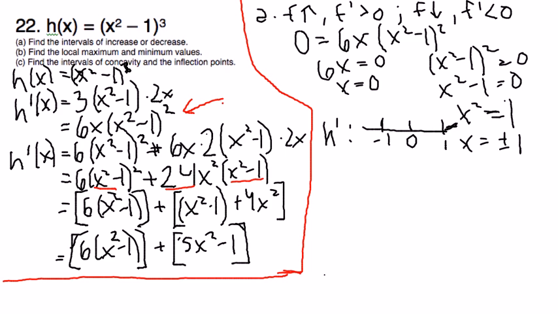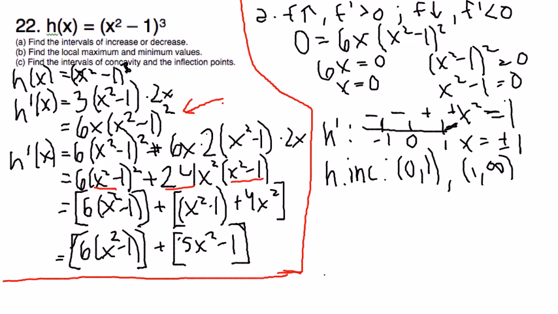And if we just plug in some numbers, if we plug in a -2, we'll get a negative. If we plug in a -0.5, we'll get a negative. If we plug in a positive 0.5, we'll get a positive. And if we plug in a positive 2, we'll get a positive. So we can see that h is increasing, I meant this should be h prime at the top, when h prime is greater than 0, and we can see that's happening from 0 to 1, and then from 1 to infinity.